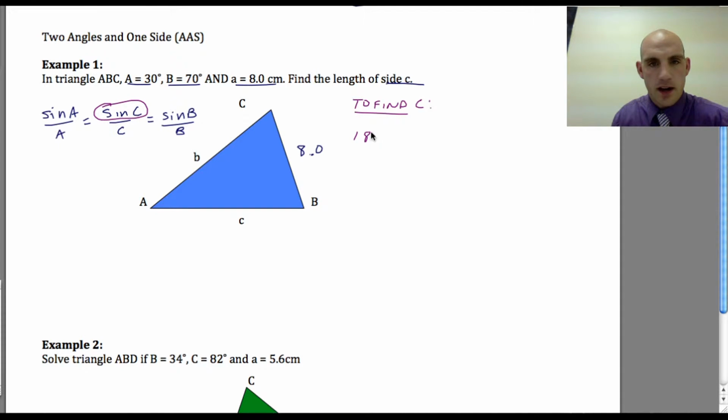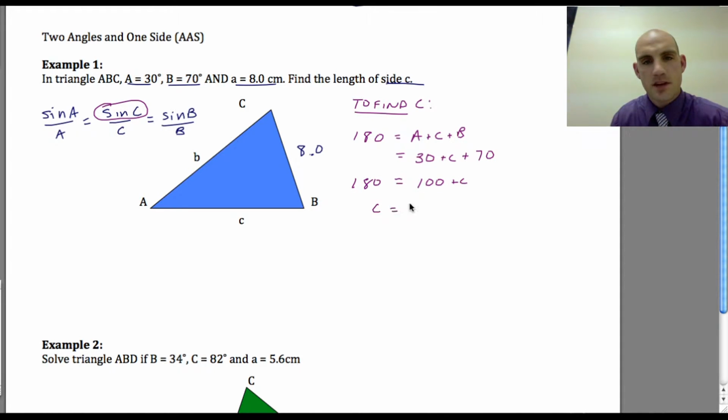We know that 180 is equal to A plus C plus B. We have A, which is 30, plus C plus B, which is 70. 100 plus C is equal to 180, so C must be equal to 80 degrees. Now, what we need to do is set up the ratio.